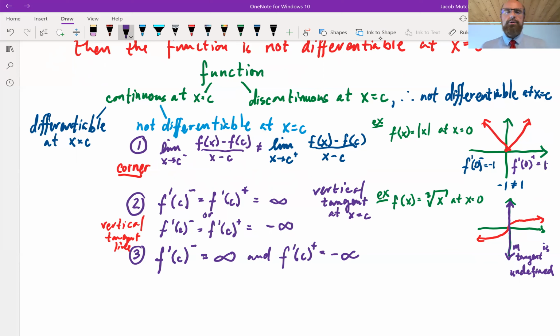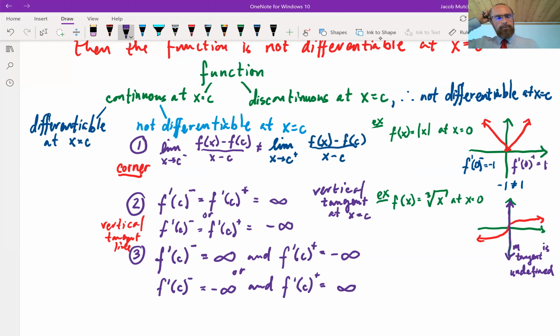So it's related to our second case, but notice one's positive infinity, one's negative infinity, or vice versa. Could be that the limit of the average rate of change from the left equals negative infinity, and the limit of the average rate of change from the right equals positive infinity. So notice how it's different from our second case.